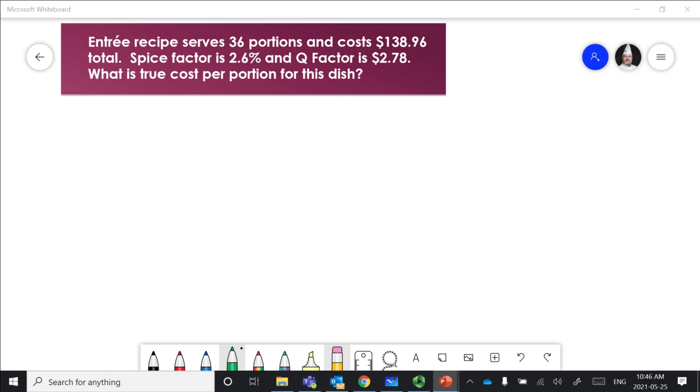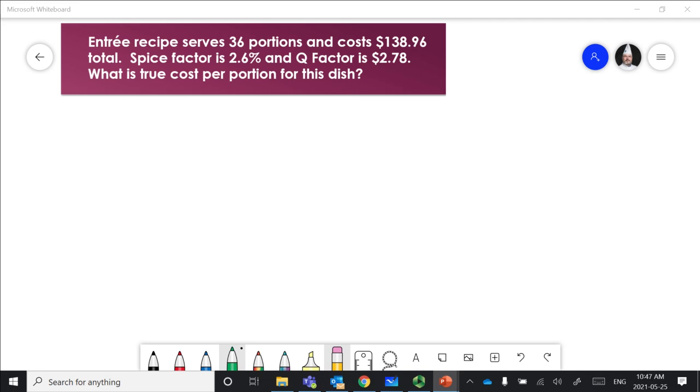We can do the spice factor on the whole recipe, or we can do the spice factor on the portion. It's really up to you. There's no wrong answer. I like to say it's like driving to Calgary. You can take Highway 2 down to Calgary, or you can take Highway 2A down to Calgary. You're both going to get to the same destination. You're just taking a little bit different route, right?